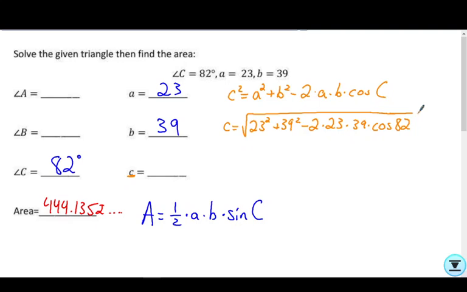And you plug that into your handy dandy calculator, and you get side C, which is 42.43021, blah, blah, blah. So 42.4.